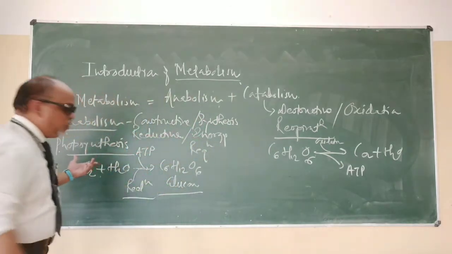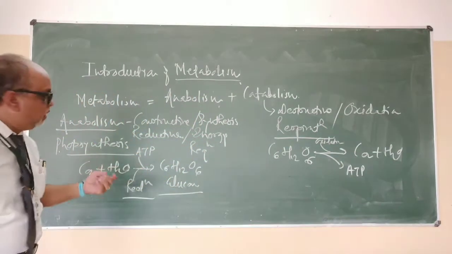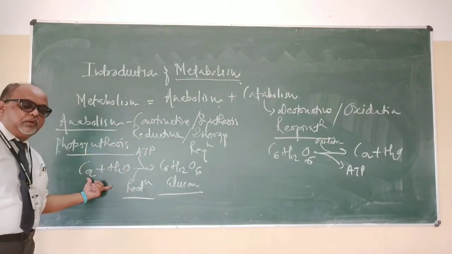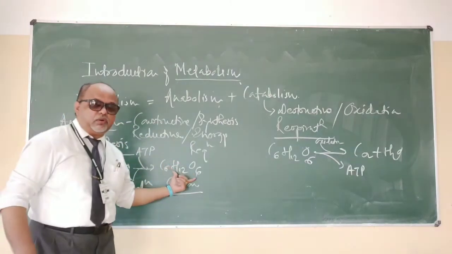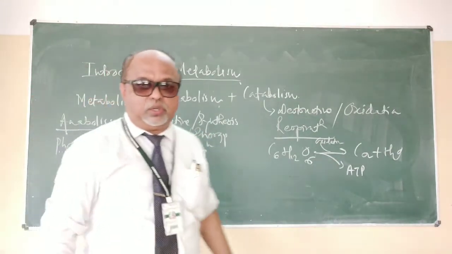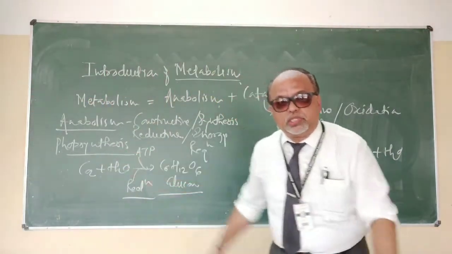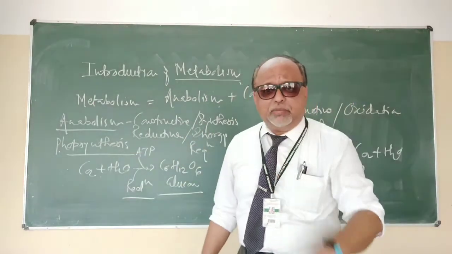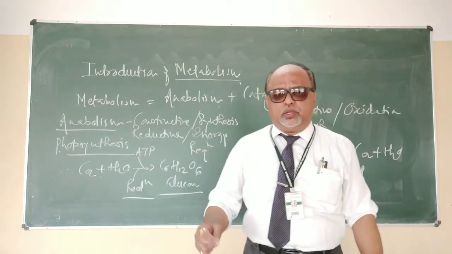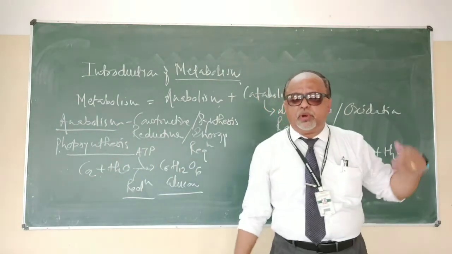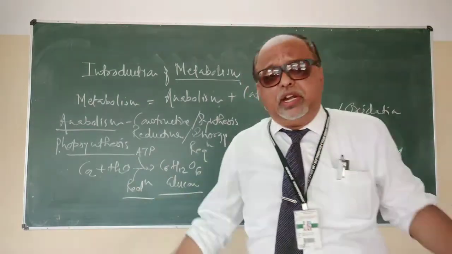In case of anabolism, it's a constructive, synthesis process in which simpler molecules are converted into complex molecules. So both are exactly opposite processes. But these two processes are carried out inside the cell simultaneously, because you cannot imagine the cell without anabolism or without catabolism; both are interdependent.